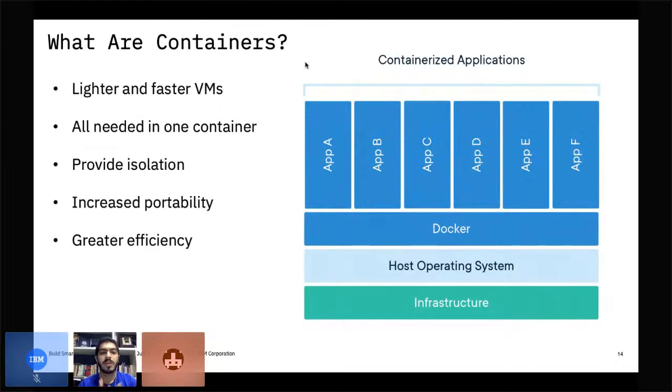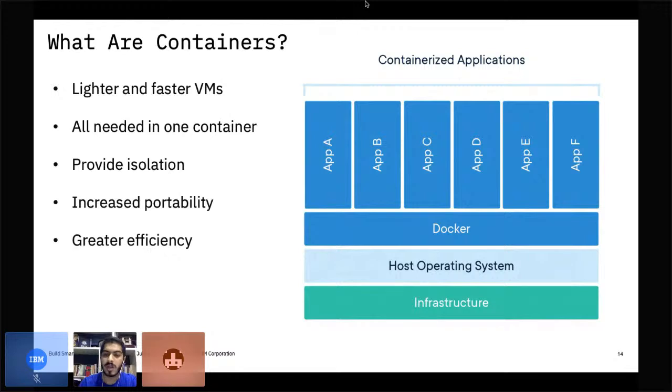So containers are easily portable in that sense. Lastly, there's greater efficiency in containers. As we just mentioned, you don't need to worry about fixing dependency problems, or having the right version of a certain programming language and all of that hassle. So this is why people go to containers.